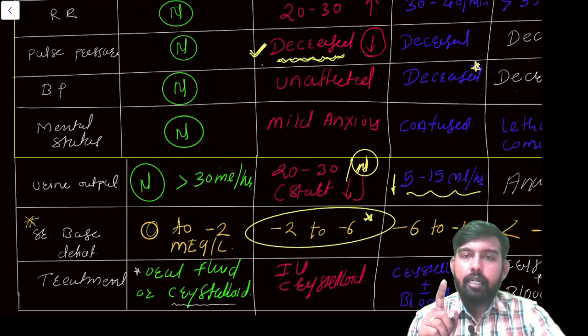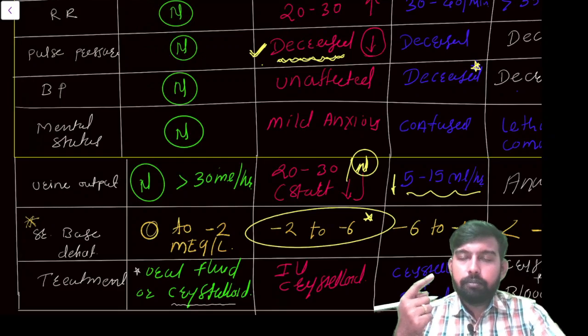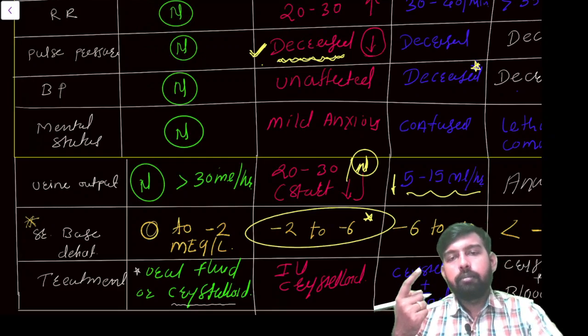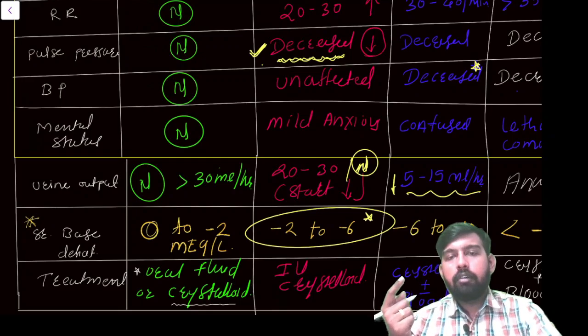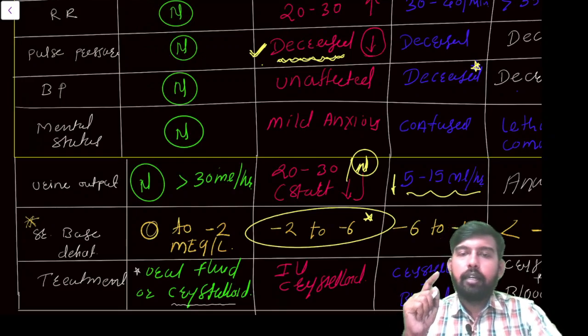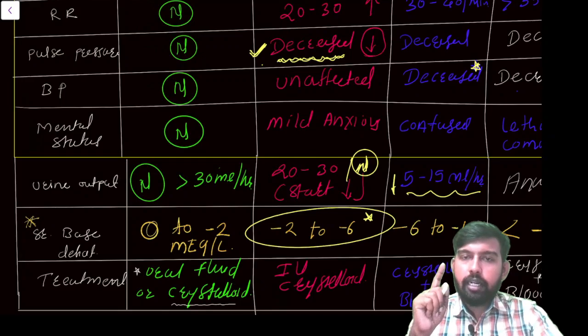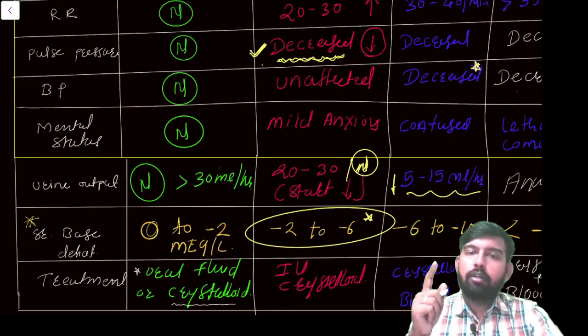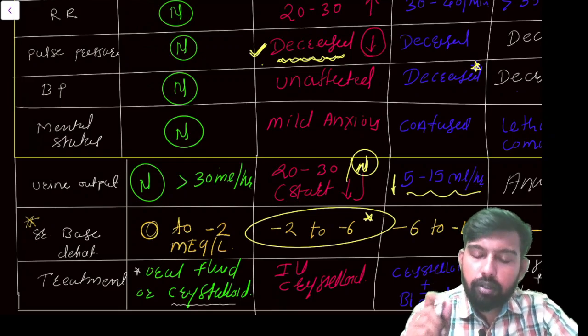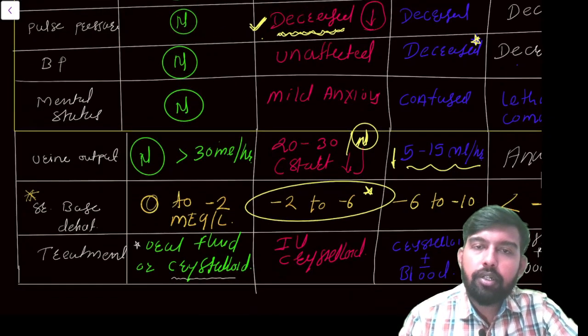But remember that in class 2 shock also, the body tries to compensate the blood loss by diverting blood from the muscle, GIT and skin towards the vital organs. But at the tissue level, there are metabolic changes which result in metabolic acidosis.